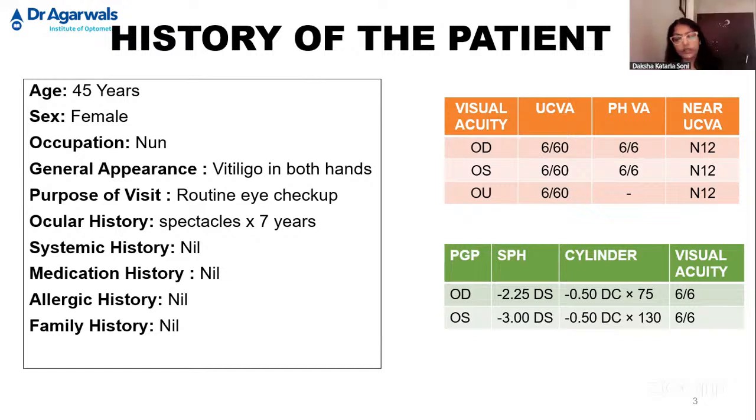Hi, it was a very good presentation. Something which you could pick up with the vitiligo, that was very nice. So my question is, what other symptoms can a patient with idiopathic intracranial hypertension come with? One which Dr. Gopi just mentioned, headache. Could you tell me what other symptoms would help you diagnose this?